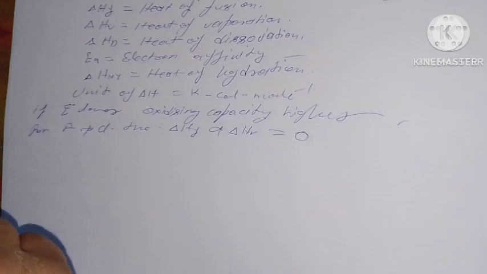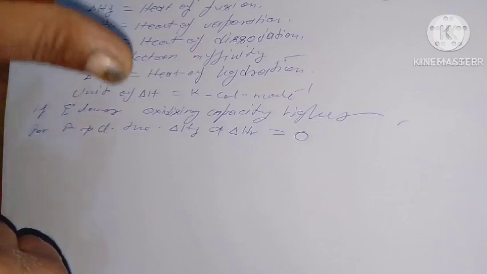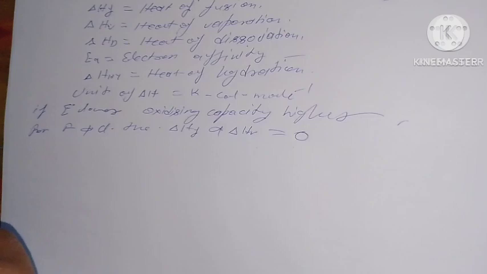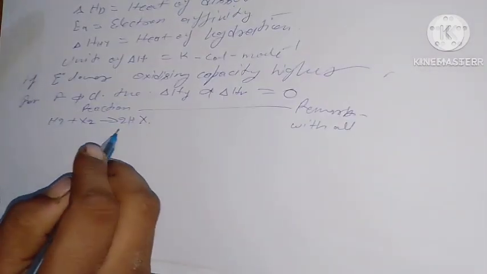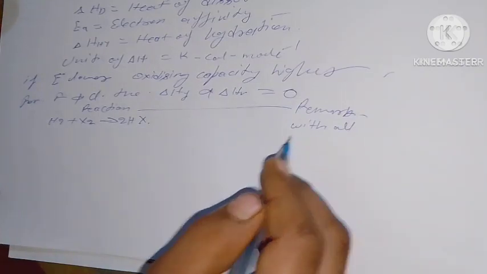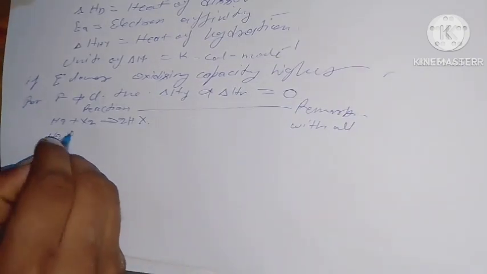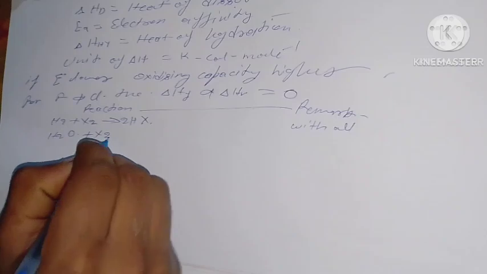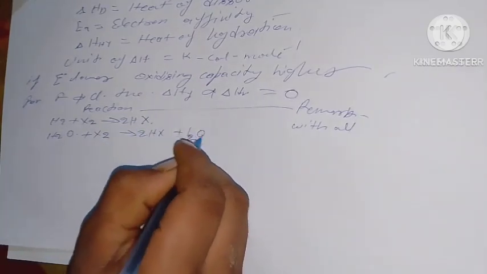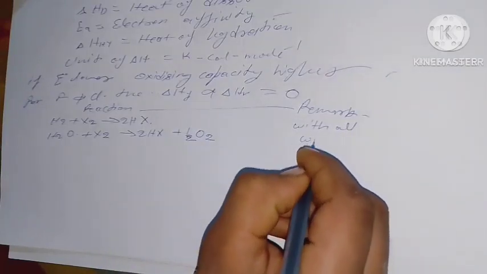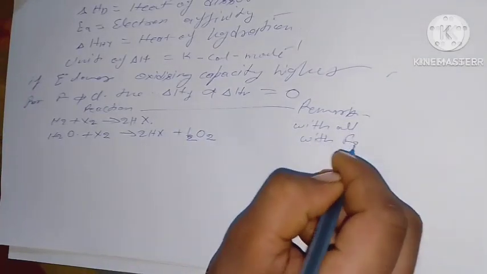Some important reactions of halogens you can list. H2 plus X2 gives 2HX with all halogens. H2O plus X2 gives 2HX plus half O2, with only fluorine F2.